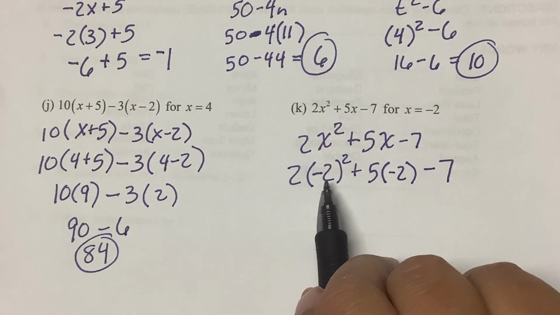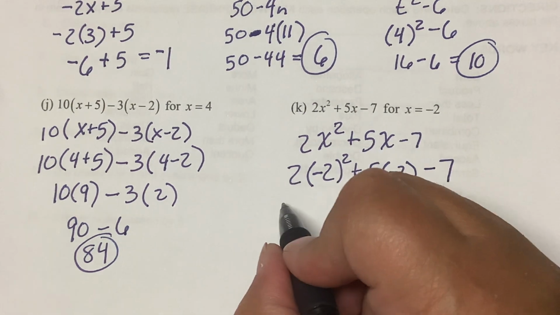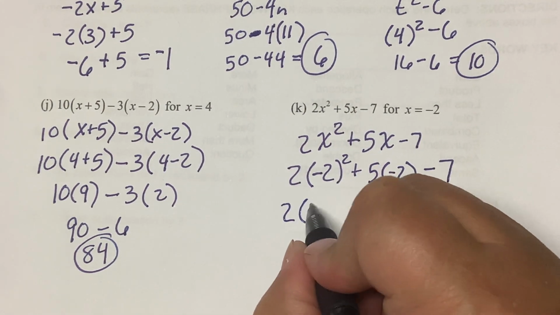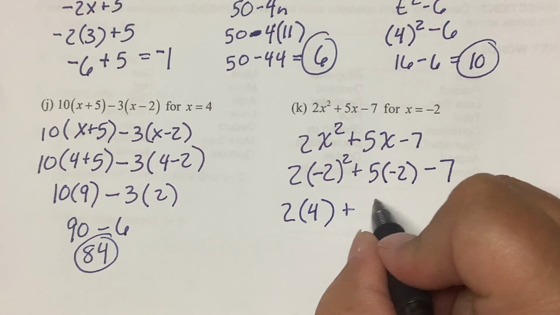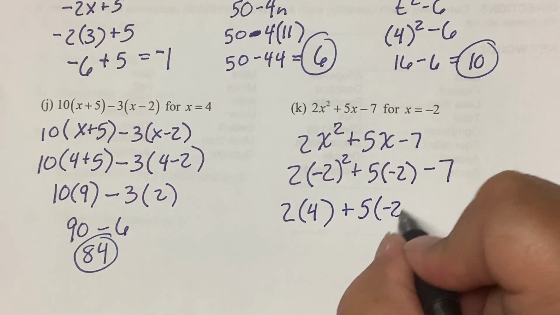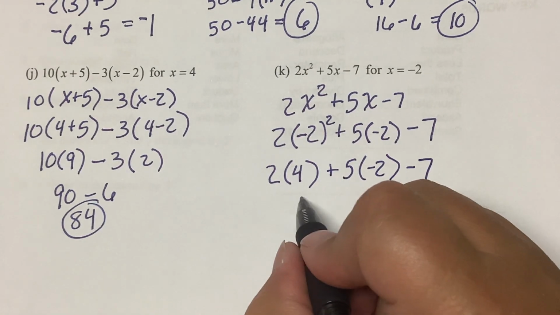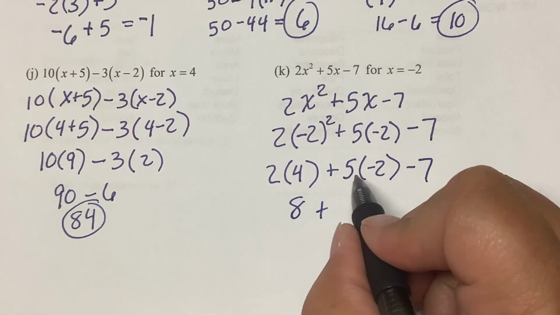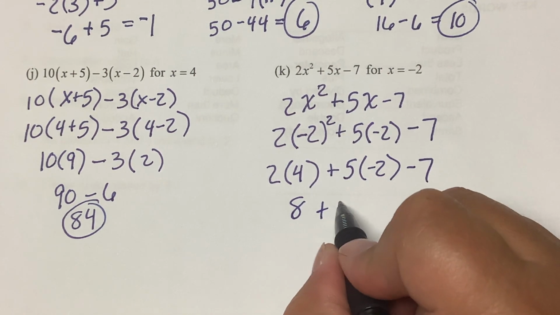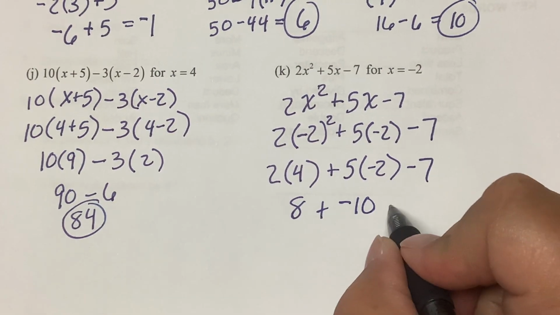Negative 2 squared is negative times negative. Negative 2 squared is positive 4. It's negative 2 times negative 2 to get positive 4. So 2 times 4 plus 5 times negative 2 minus 7. 2 times 4 is 8. Plus 5 times negative 2 is negative 10 minus 7.